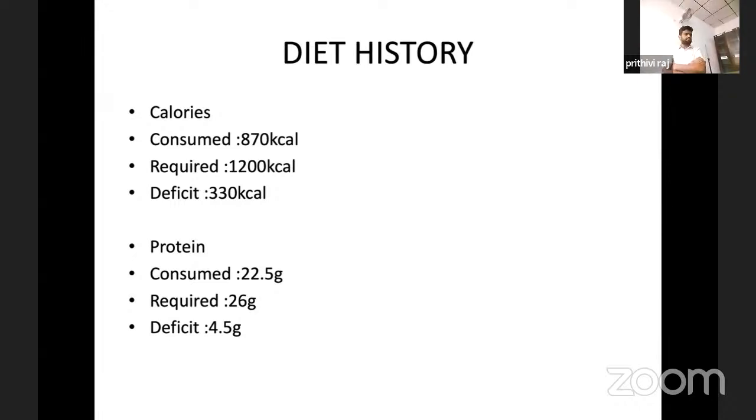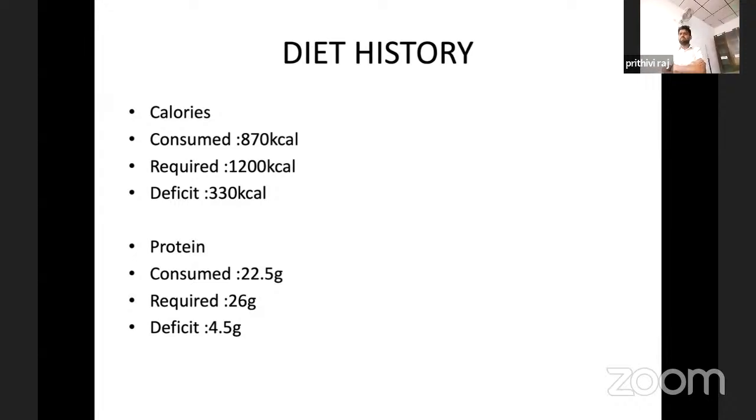So what is the minimum deficit you can allow, as a percentage? Plus or minus what can we accept? If it is beyond that, then we have to treat that deficit. Less than 15th percentile? No, you are talking about a chart. I'm asking about the deficit. When you say 330 calorie among 1200, we work out a percentage.